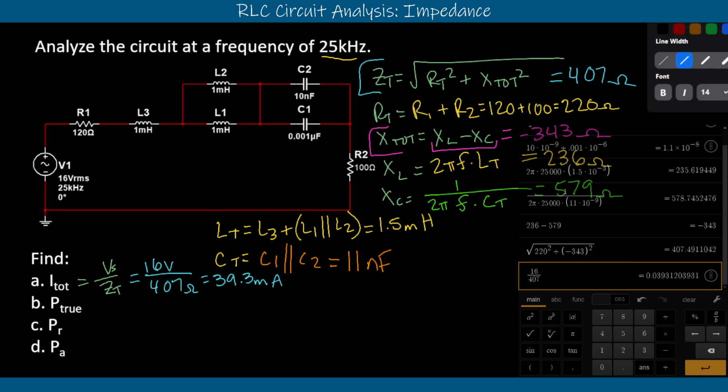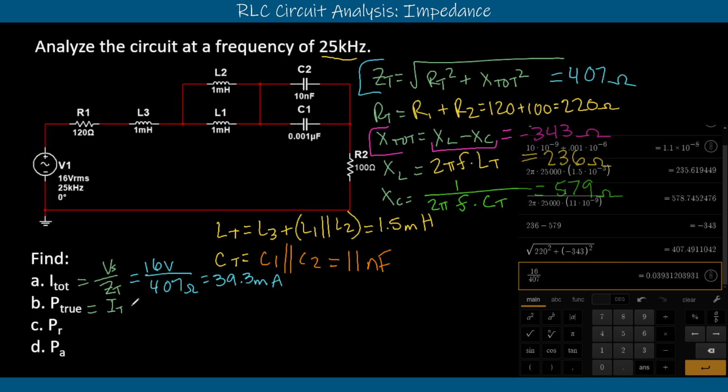So let's start with our true power. Our true power involves our true resistance, right? And so that's going to be any linear resistance. That's our R, right? So this is going to be our original power equations. True power is equal to the current in the circuit, IT squared, multiplied by the resistor RT. Right? And that's going to be anything that is linear in the circuit will be multiplied out like that. Okay, so let's do that.